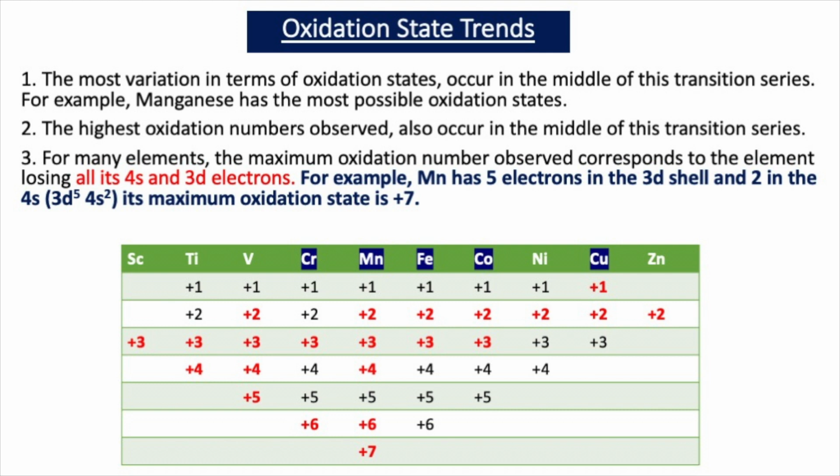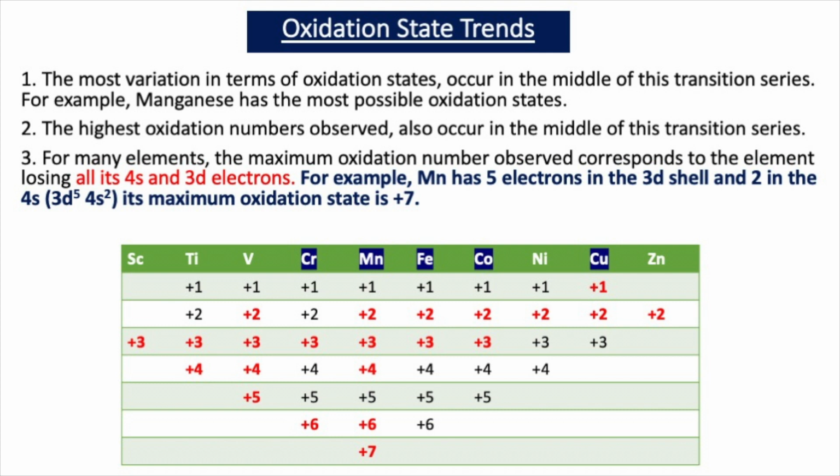So its electron arrangement ends in 3d5, 4s2. Its maximum oxidation number is +7 because it's able to use all these 4s and 3d electrons in its bonding when it bonds to other elements.